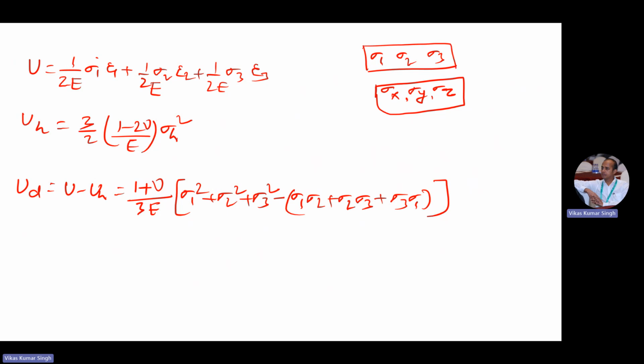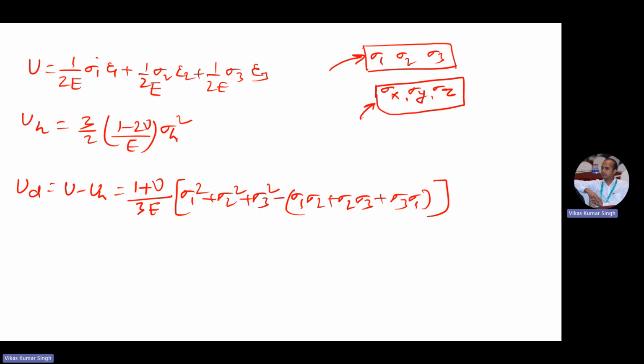In the principal plane there will be maximum normal stress, and in that plane there is no shear component. So all this derivation we are doing is for the principal stress, not for general.